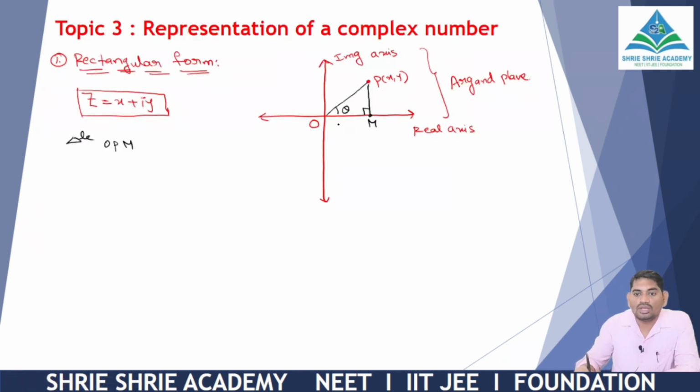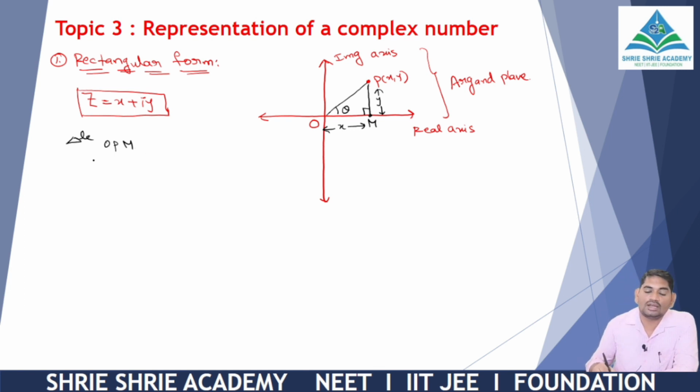What is the OM here? X. And what is the MP? Y. So the opposite side is PM, the adjacent side is OM, and the hypotenuse is OP.